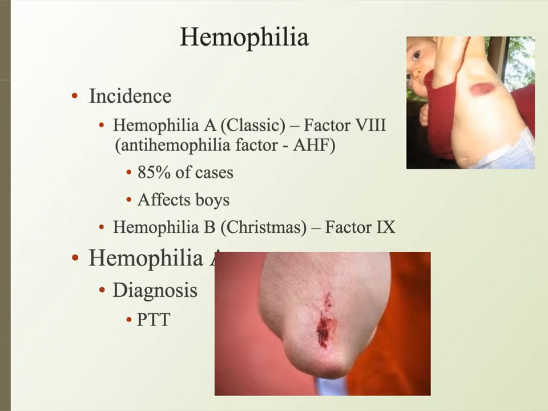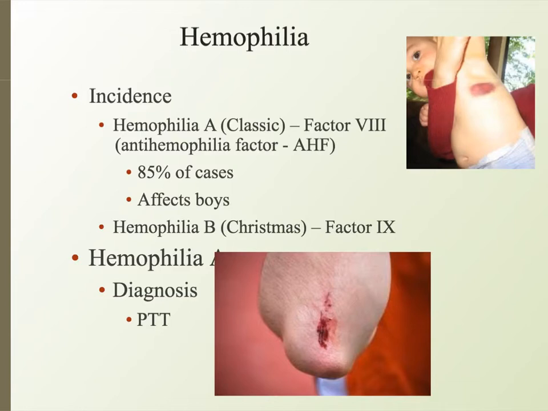Hemophilia A, or the classic, is a deficiency in factor 8. It typically affects boys, and it is 85% of the cases of hemophilia. Hemophilia B, also, like I said earlier, was the Christmas. It is a deficiency in factor 9.